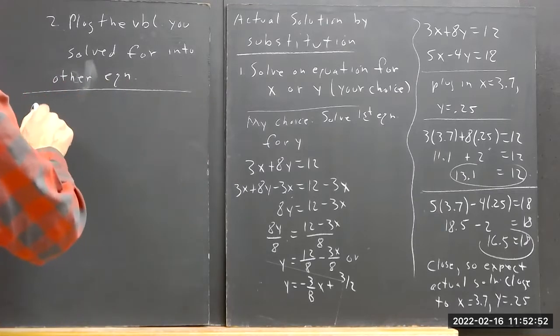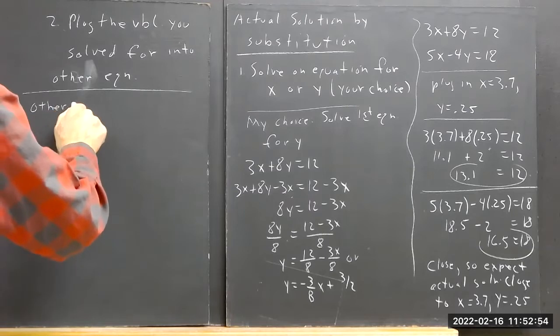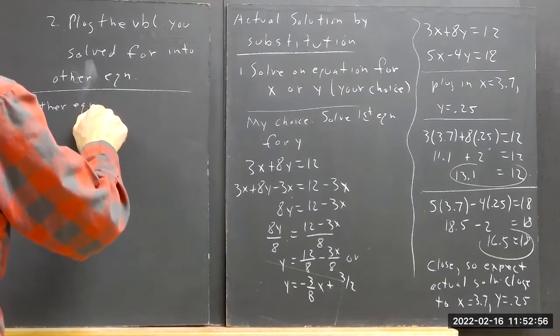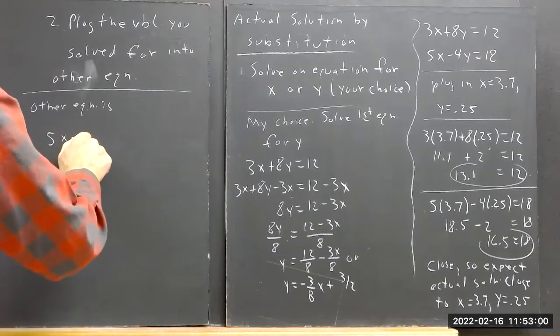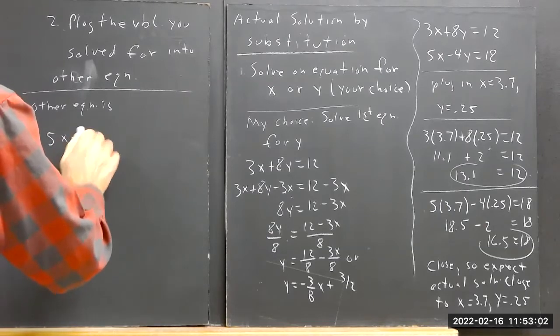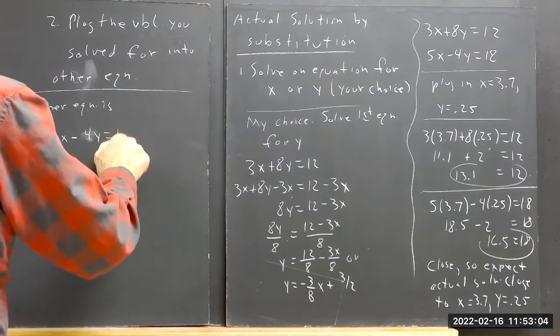The other equation is 5x minus 4y equals 18.